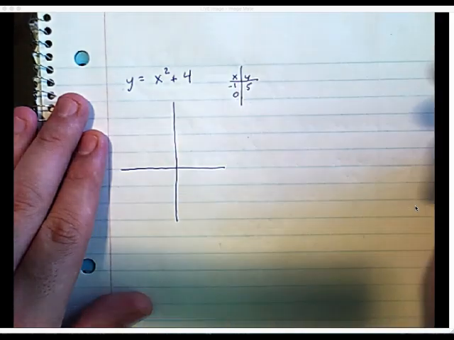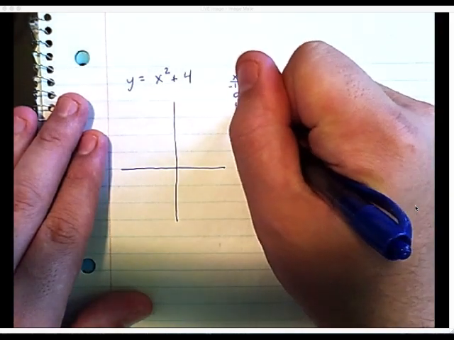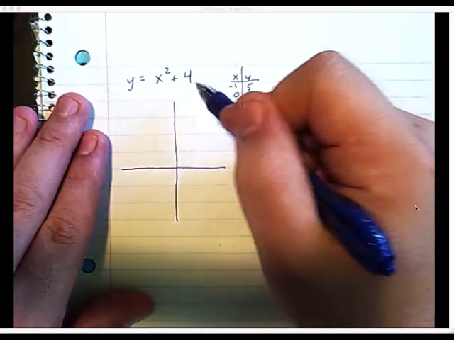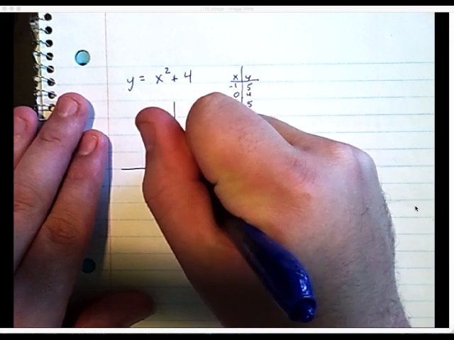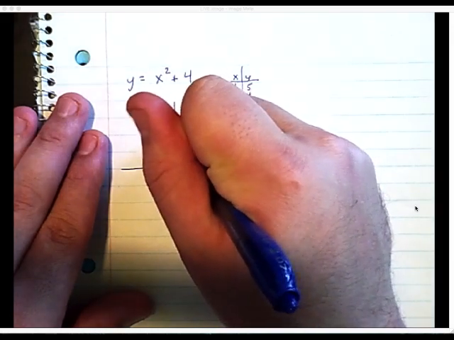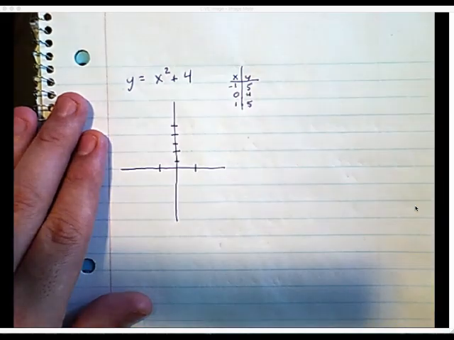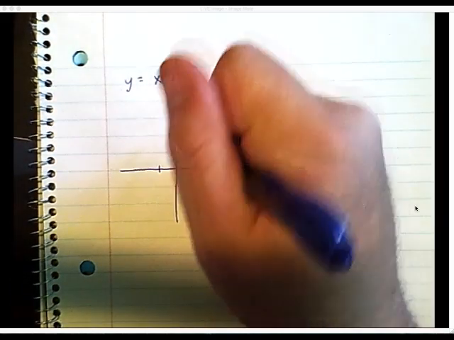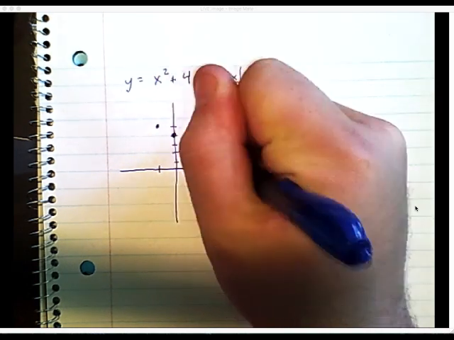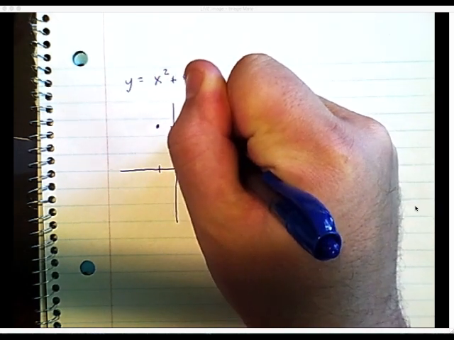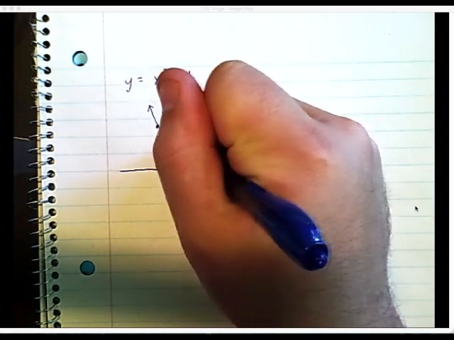If x is 0, 0 squared plus 4 would be 4, and 1 squared is 1, plus 4 is 5 again. Okay, so if I plot these points, -1, 5, that's here, 0, 4, that's there, 1, 5, that's there.